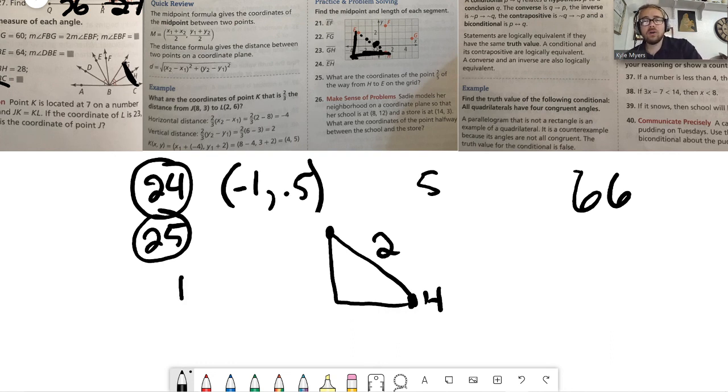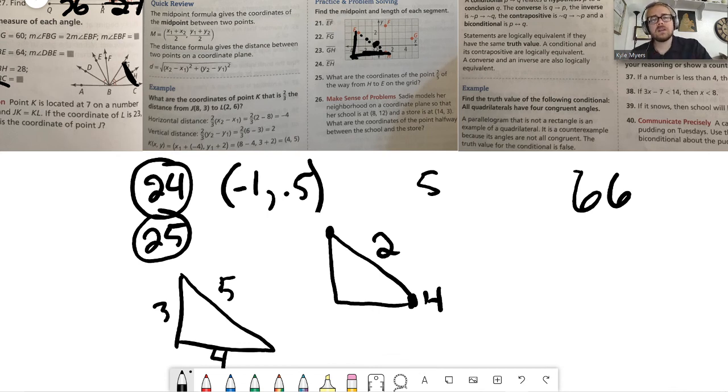So I have the whole triangle is a 3, 4, 5. So that's 4, that's 3. And now I have a triangle that's very similar, literally and figuratively, to that triangle. But it has a hypotenuse of 2.